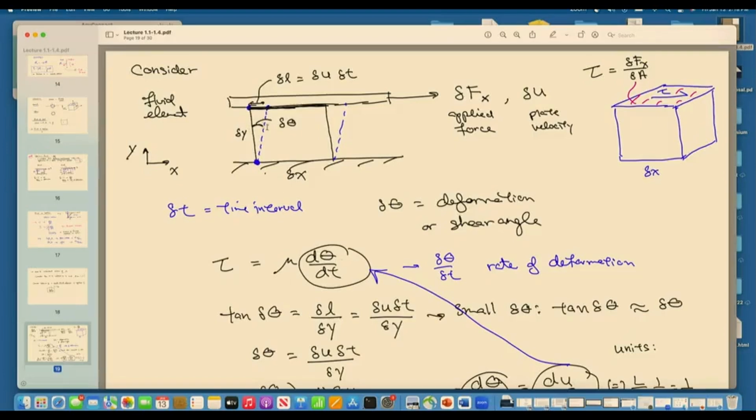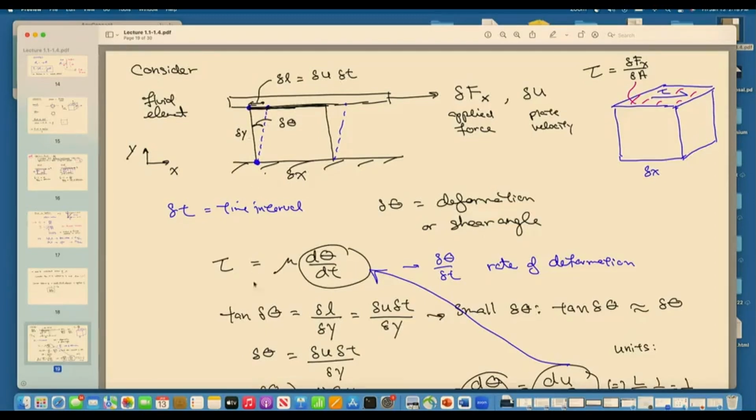Now, this angle, okay, we can evaluate the tangent of delta theta as being this distance here, delta L, which is the displacement of fluid associated with the velocity delta u and in this time interval delta t. So this displacement delta L is equal to delta U, length per time, times time. Okay?